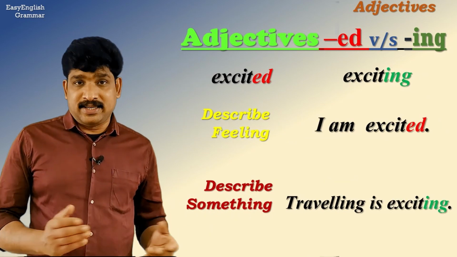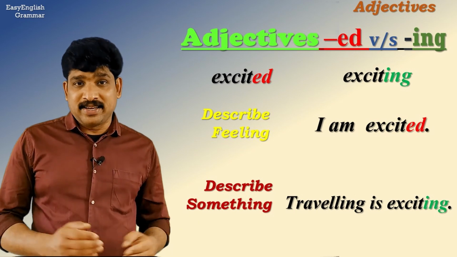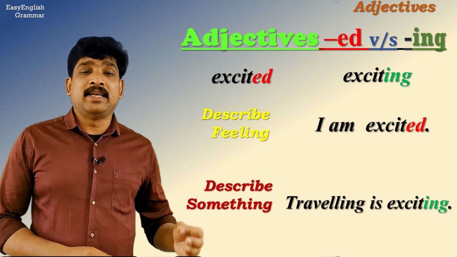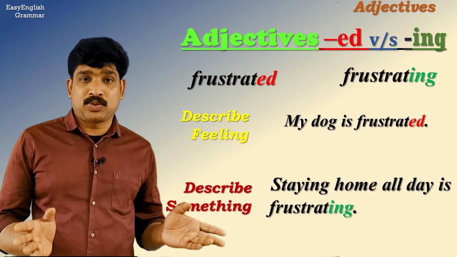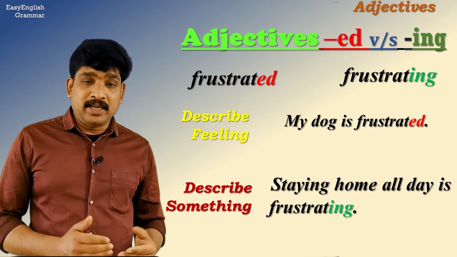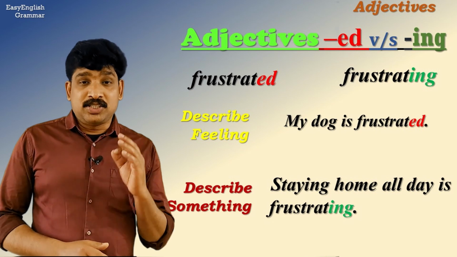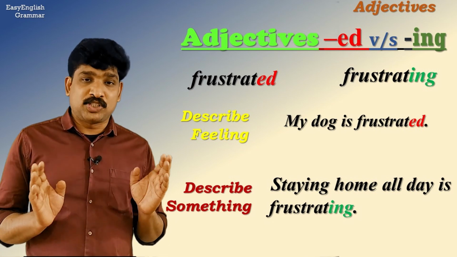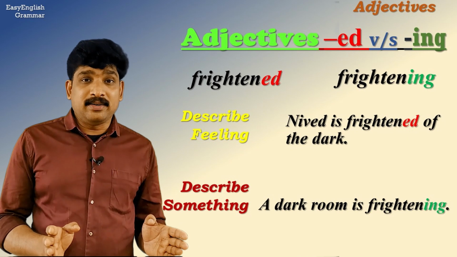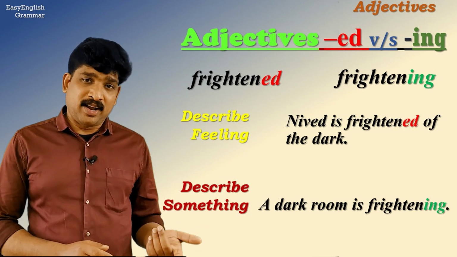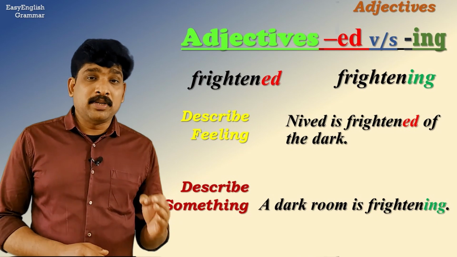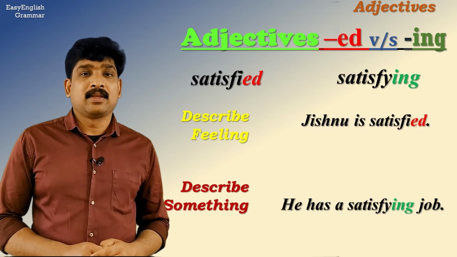Excited and exciting. I am excited. Traveling is exciting. Frustrated and frustrating. My dog is frustrated. Staying home all day is frustrating. Frightened and frightening. Nived is frightened of the dark. A dark room is frightening.